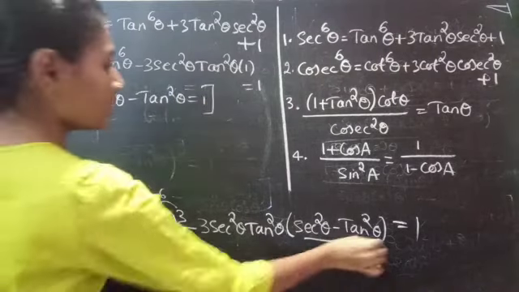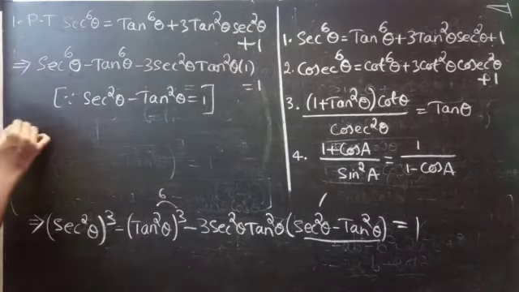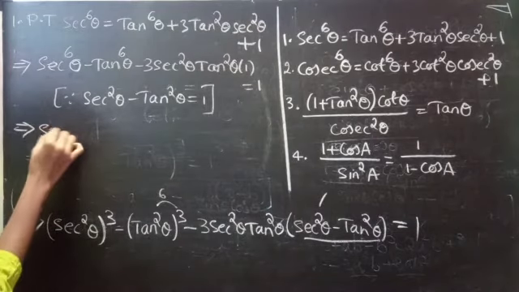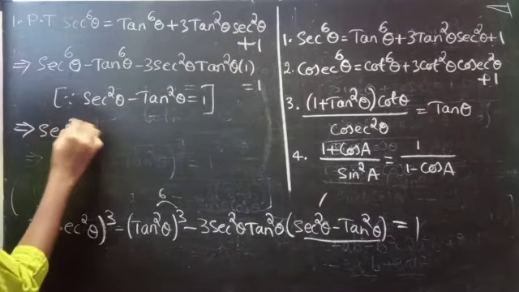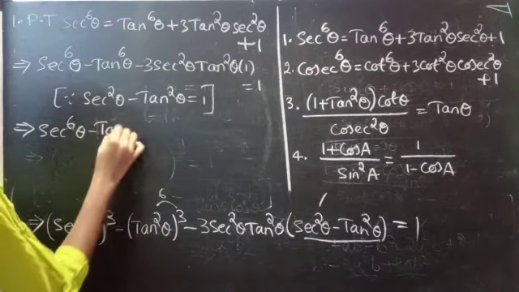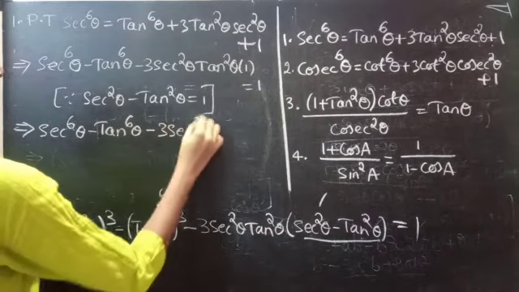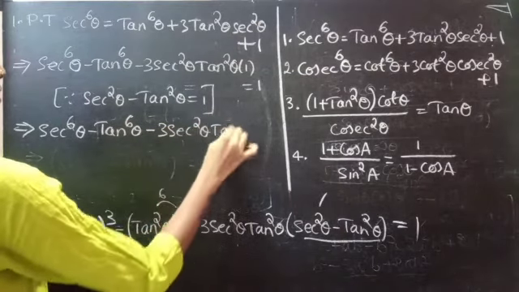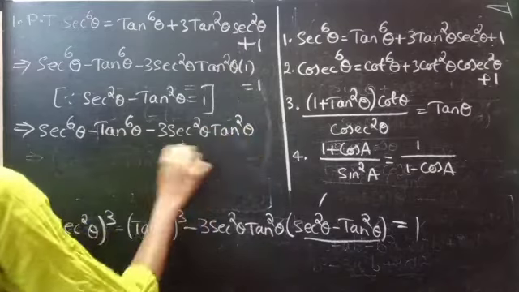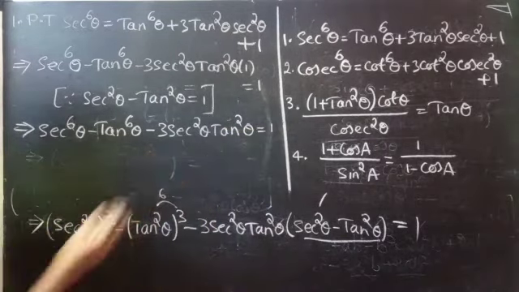So you'll replace this with 1. Okay. So now you'll get secant power 6 theta minus tan power 6 theta minus 3 secant square theta into tan square theta into 1 is 3 secant square theta into tan square theta equals to 1.